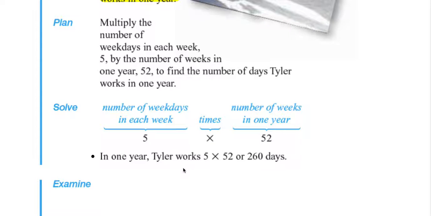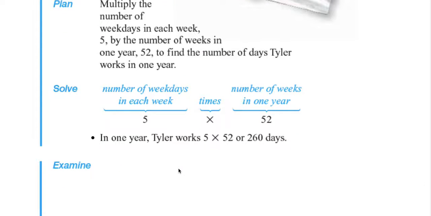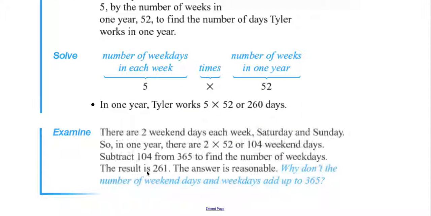In 1 year, Tyler works 260 days. To check our answer in the examine step, there are 2 weekend days each week, Saturday and Sunday. So in a year, there are 2 times 52, or 104 weekend days. Then if we subtract it from 365, we end up with 261.